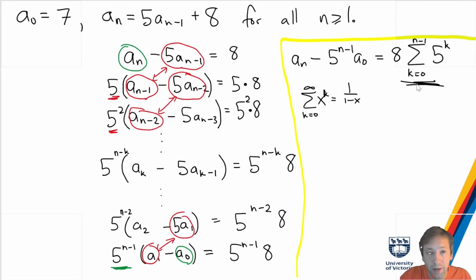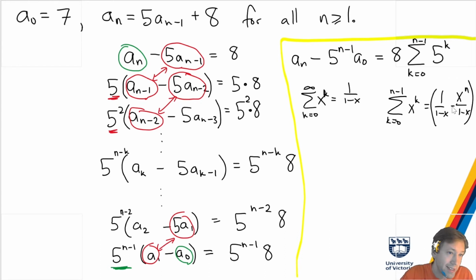It's a finite sum, but if you take the sum k equals 0 up to n minus 1 of x to the k, well, that should equal the entire geometric series minus x to the n over 1 minus x.